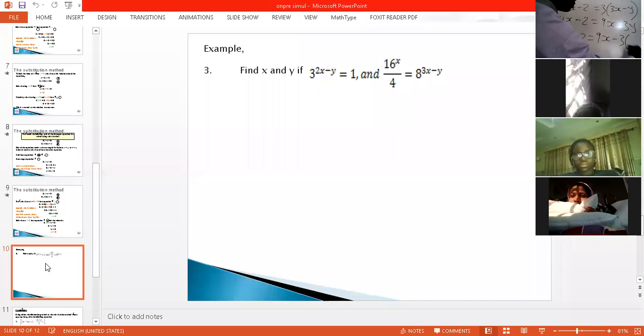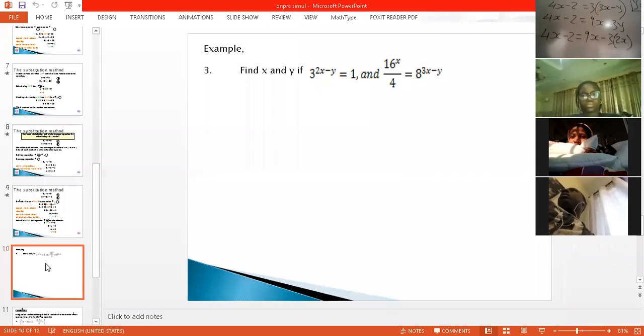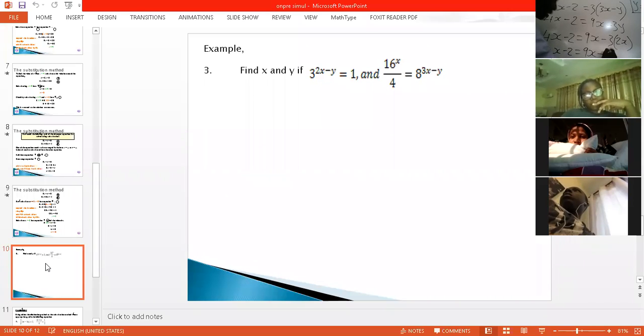All right, sorry, let me put 2x. Okay, now the next thing is just to open up the brackets, and from there we solve for x. Okay, now we have 4x minus 2 equals 9x minus 2 multiplied by 3, or 3 multiplied by 2 will give you 6. So you have 6x.